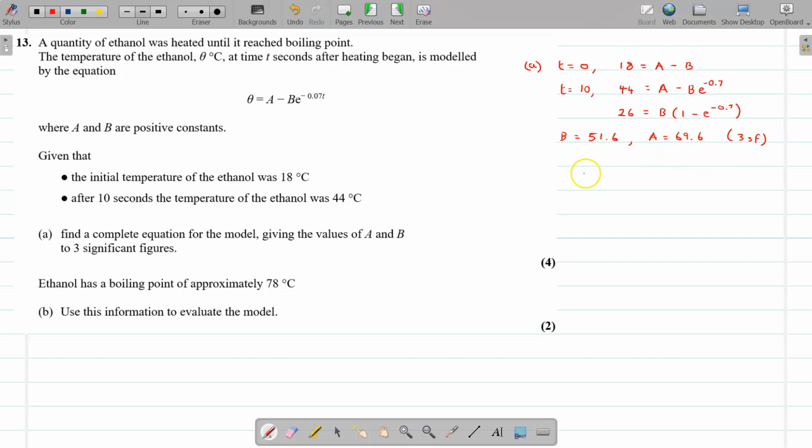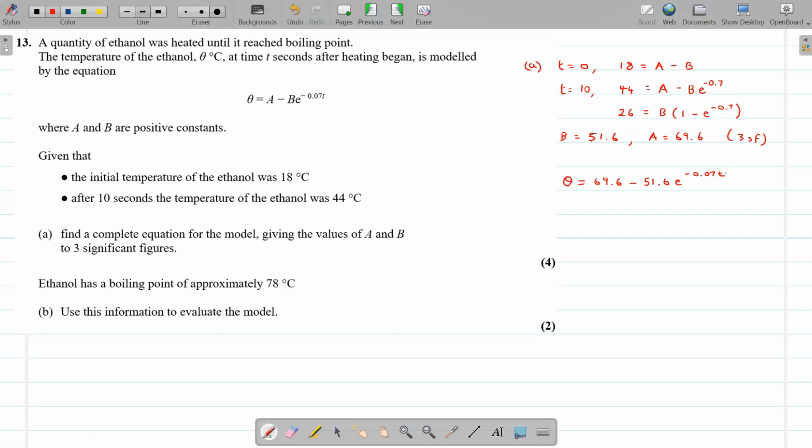So the next thing is to write the full equation, which is that theta equals 69.6 minus 51.6 times e to the negative 0.07t.